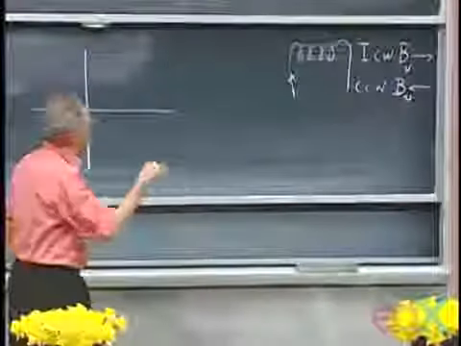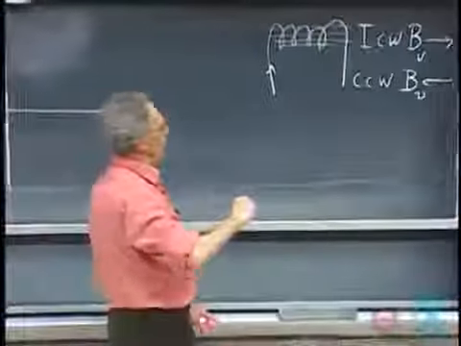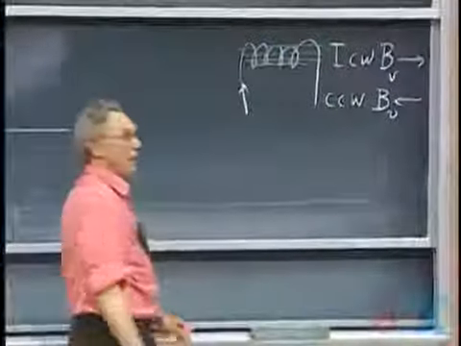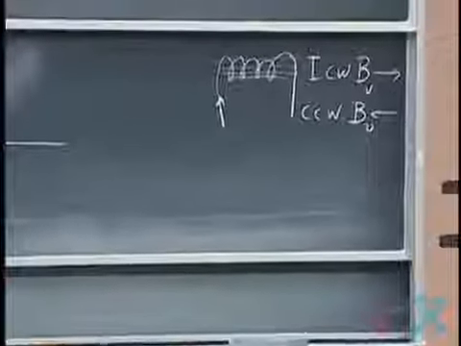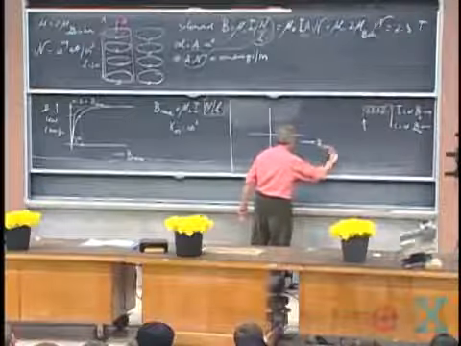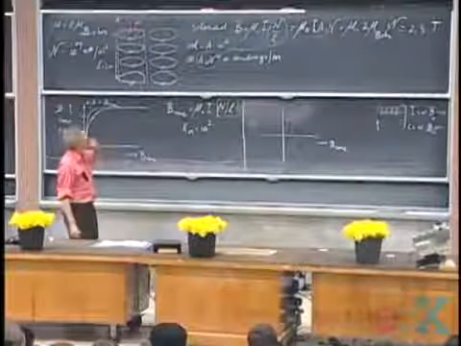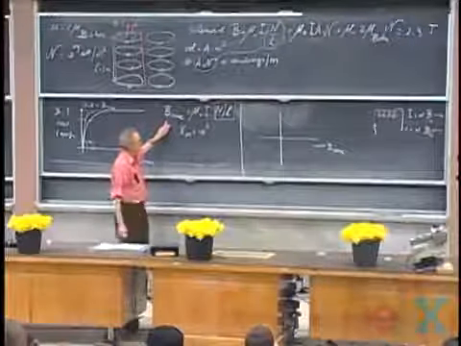If the current flows in clockwise direction, the vacuum field is in this direction. If I run it in counterclockwise direction, the vacuum field is in that direction. And here is going to be my vacuum field. It's easy for me to know what that is, because if I know the current through my solenoid, this equation will immediately tell me what the vacuum field is. So I've never any problems with the vacuum field.